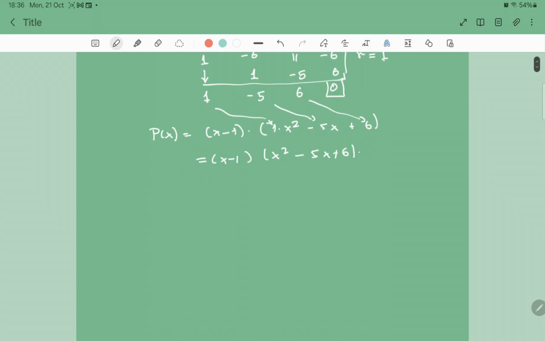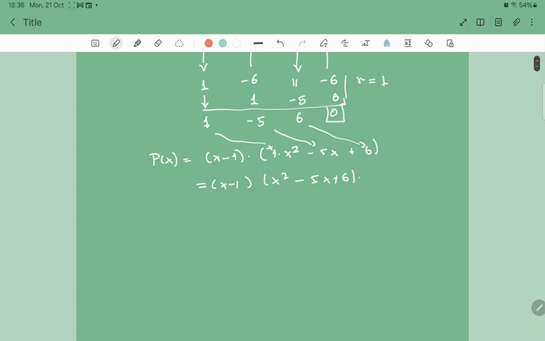See, now I have split this polynomial into a product of a polynomial of degree 1 and a polynomial of degree 2.